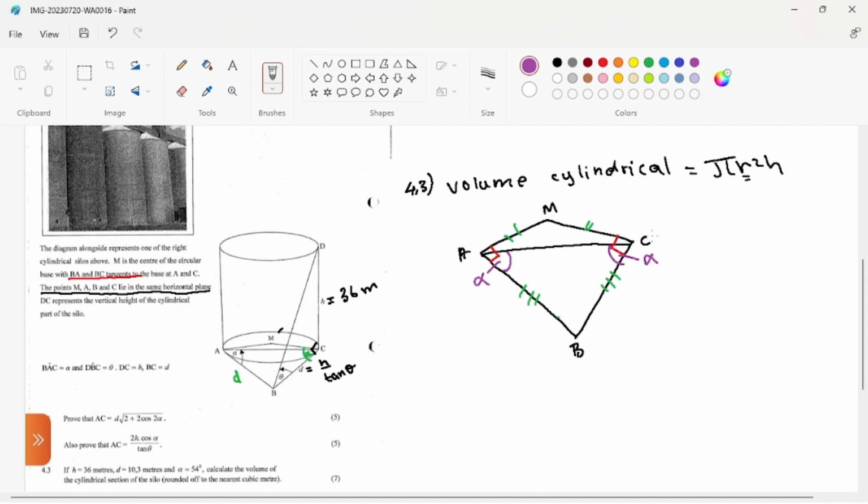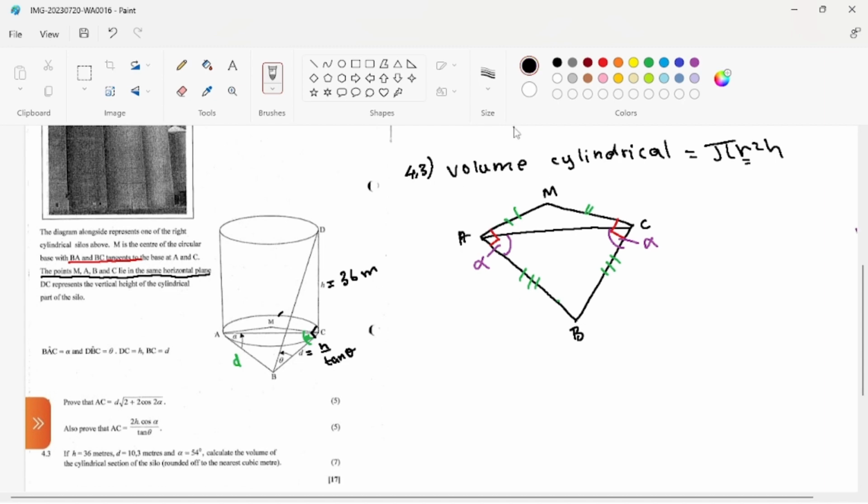What I can say is that if we draw a line here, we are going to have a 90-degree angle here.